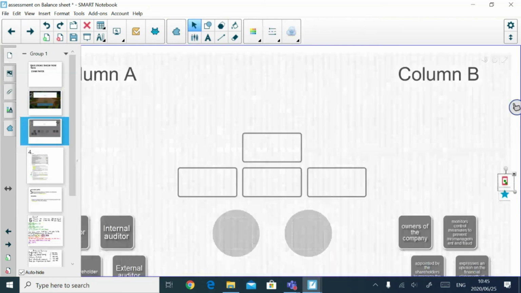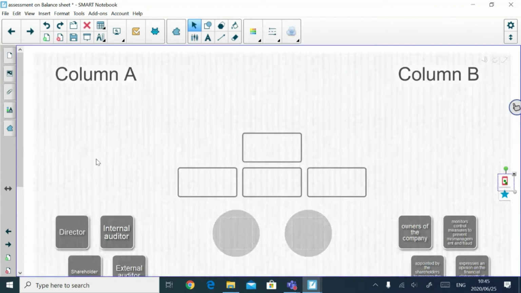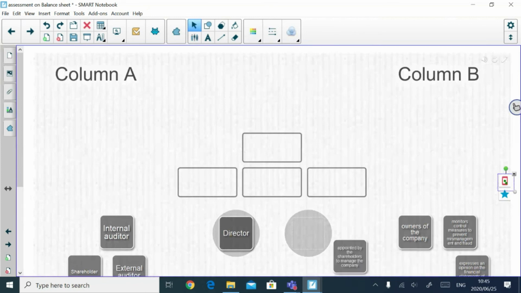Remember yesterday, just to recap a bit, we did this one, and let's just do this quickly. Say directors. Those are what? Not the owners of the company, but they are appointed by the shareholders of the company.